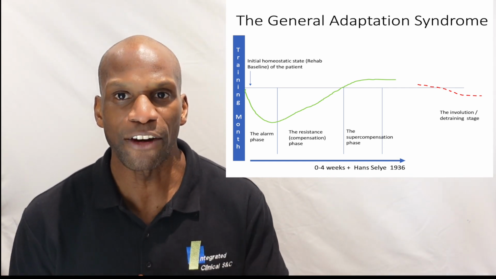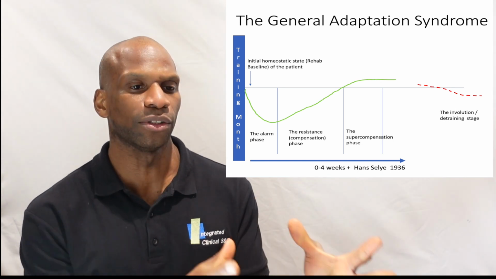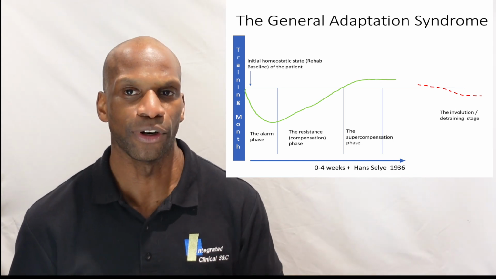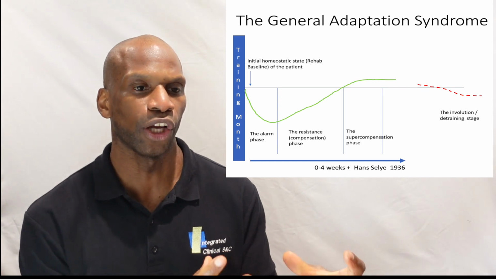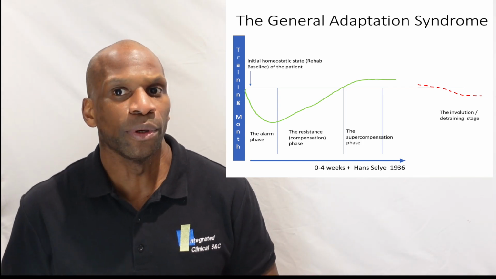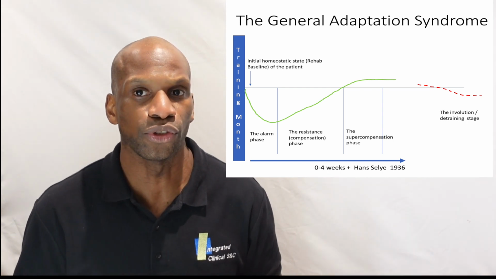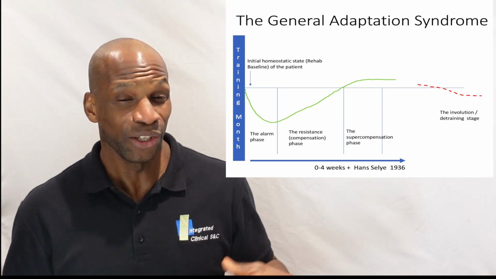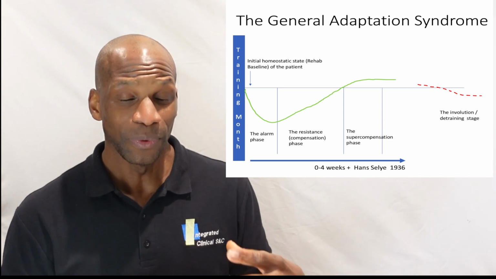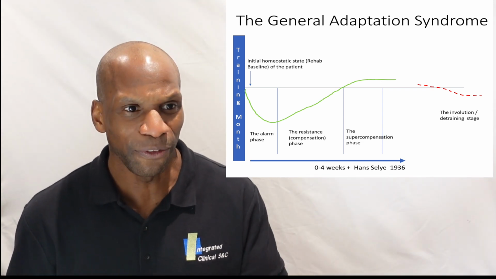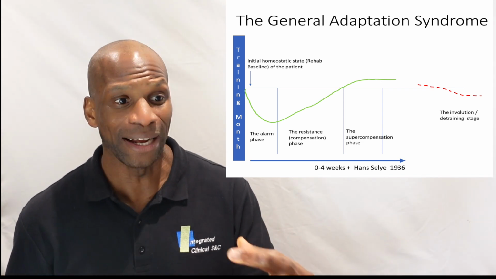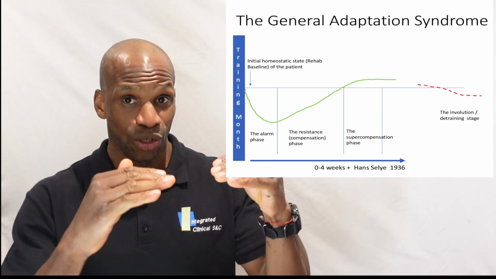If you go to the gym and you haven't been for a long time, and you do weighted deadlifts or bicep curls with a load you're not used to, you're going to be a little bit sore, and your body's going to feel challenged quite a lot. This is called the alarm phase.